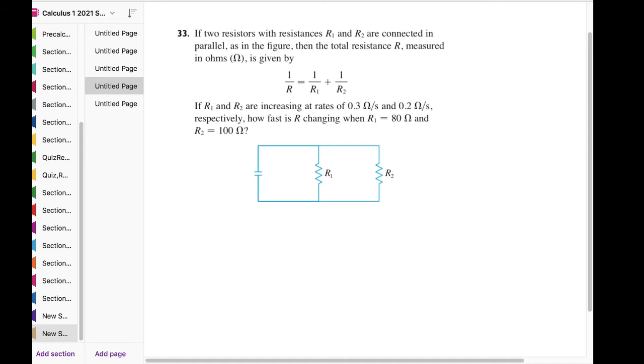So the question is, how much is the total resistance changing when the resistance of the first is 80 ohms and the resistance of the second is 100 ohms? And the resistance of R1 is increasing at this rate, and the resistance of R2 is increasing at this rate.